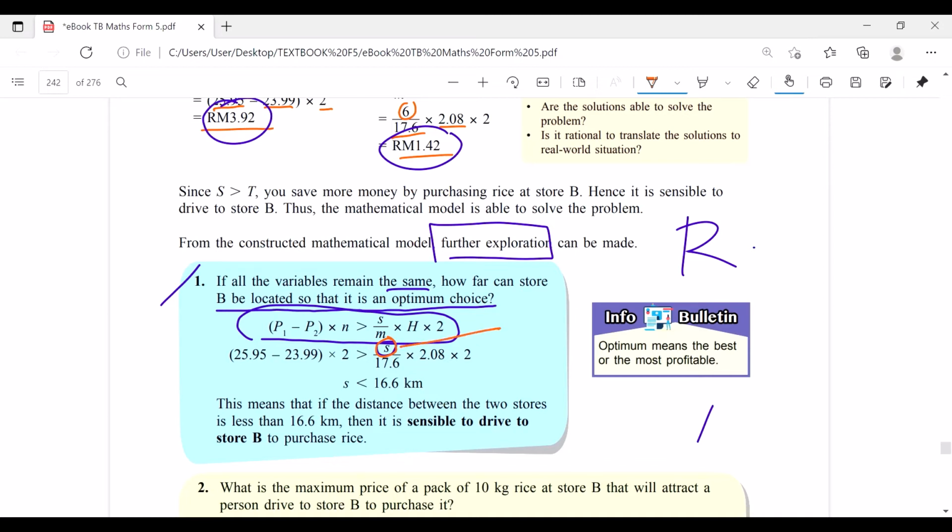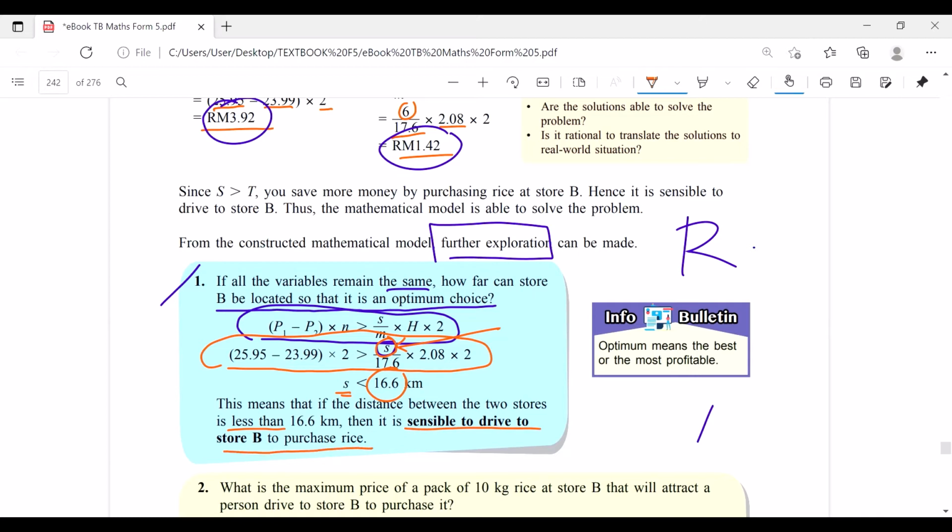So this is your S. If you solve these inequalities, your S must be less than 16.6 kilometer. If it is more, then it's not sensible for you to drive to store B. If it is less, yes, you can go to store B to purchase.